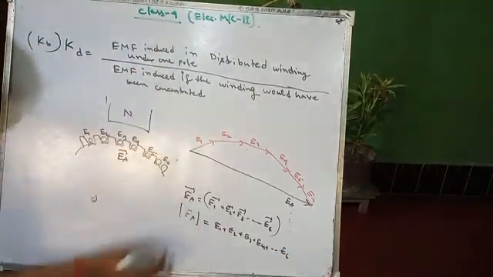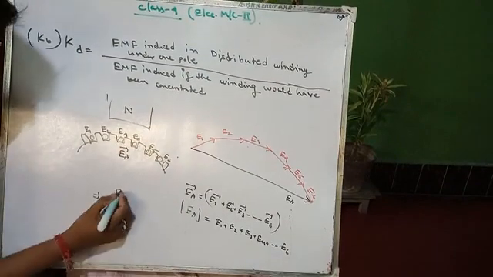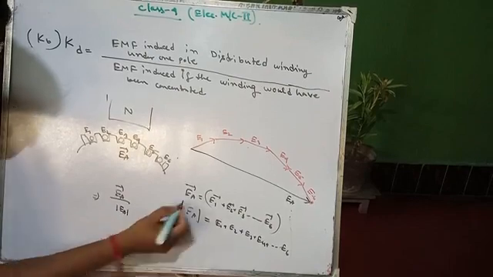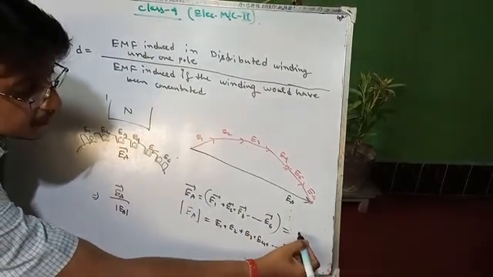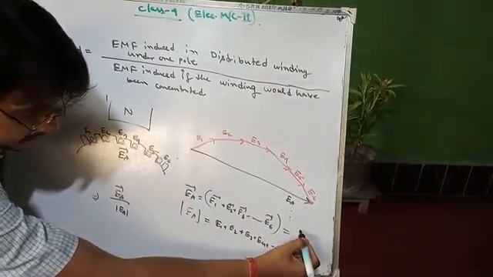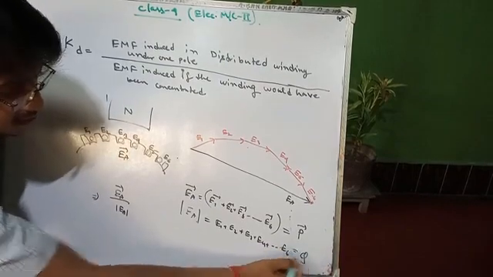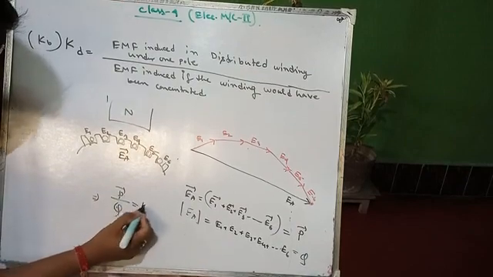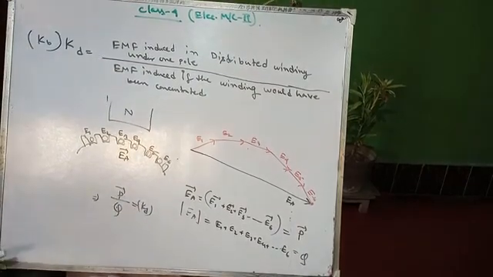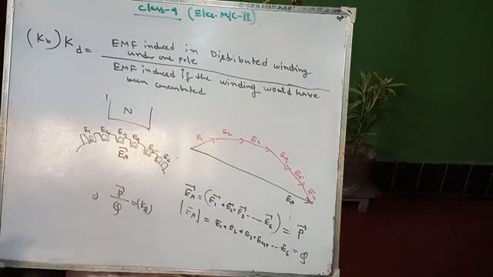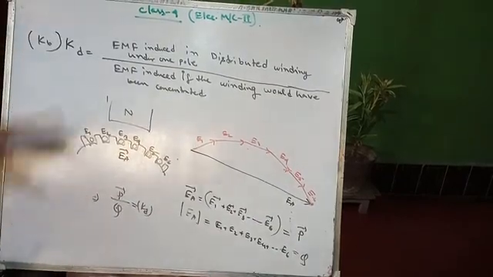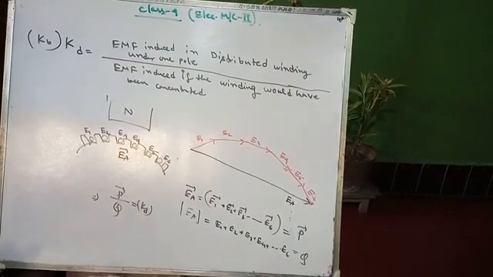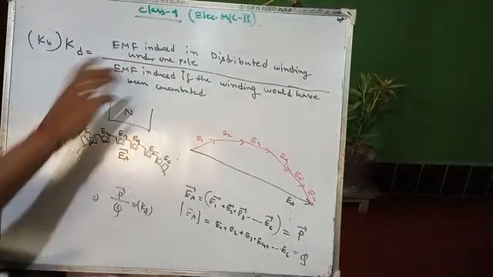According to this definition, you can write that KD will be the vector EA divided by the modulus of EA, or the P vector by Q. This is equal to KD. So by definition the distribution factor is nothing but the ratio of these two.